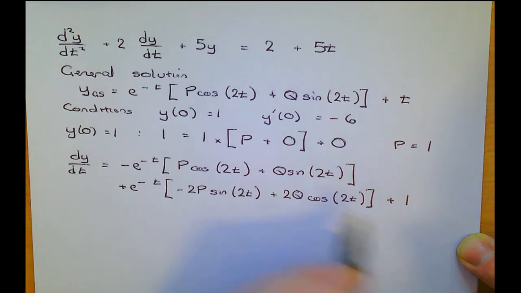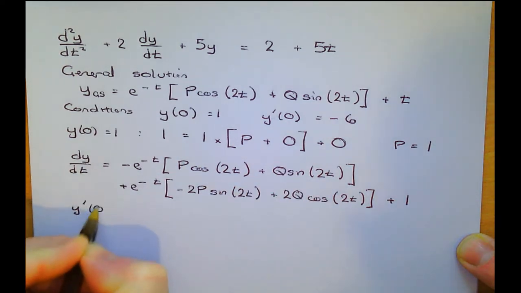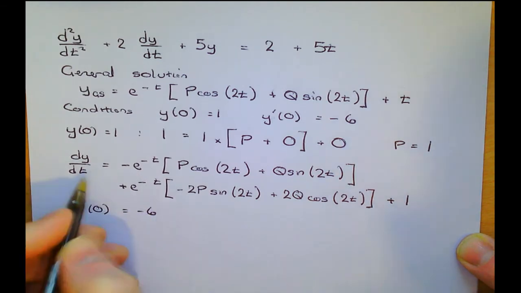Here is dy by dt. Let's now apply the condition here. y dashed of 0 is equal to minus 6.